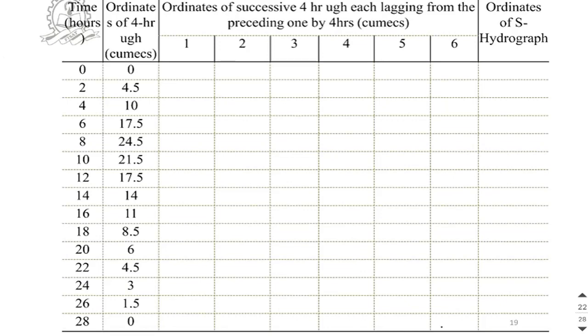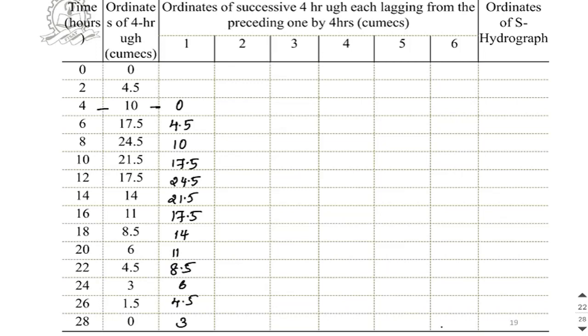For the first one, there is a lag of 4 hours, so you have to write the ordinates of the unit hydrograph here, that is 0, 4.5, 10, 17.5, 24.5, 21.5, 17.5, 14, 11, 8.5, 6, 4.5, 3.